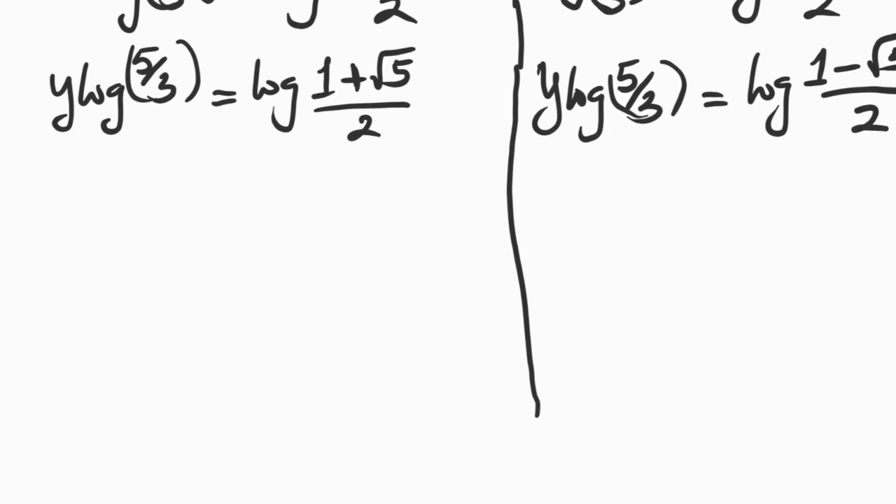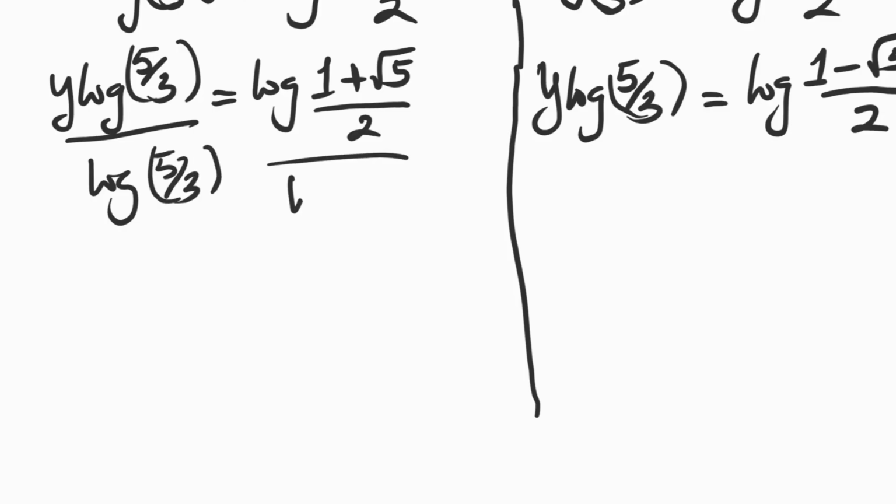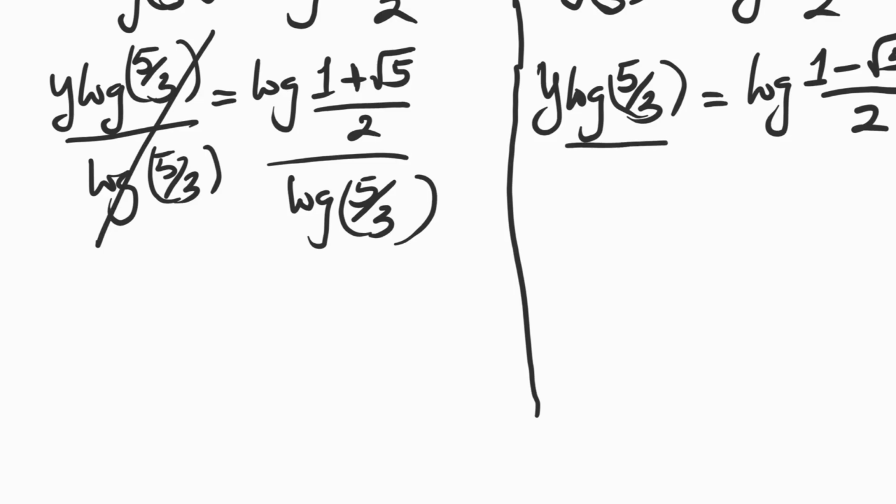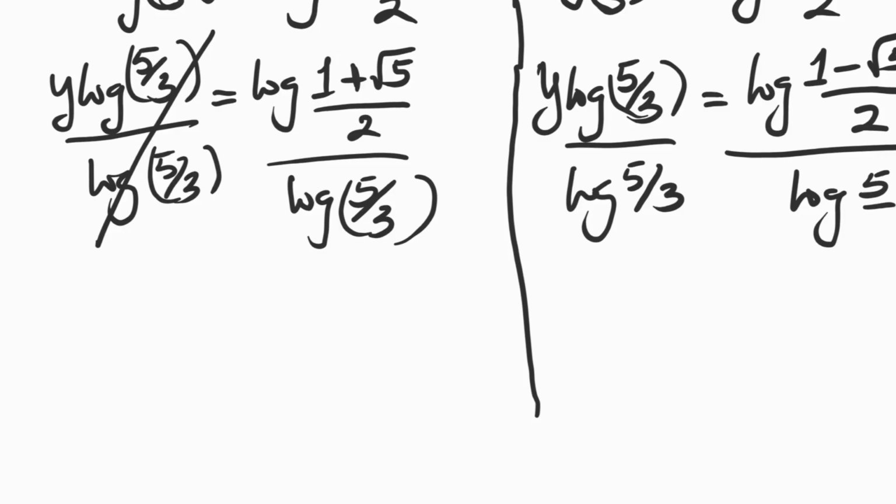So now we divide through by log of 5 over 3. That cancels out to become 1. Cancels out as well here to become 1. Y times 1 is y.